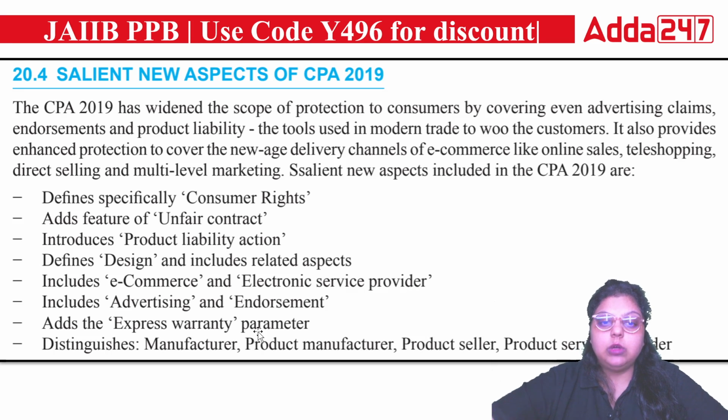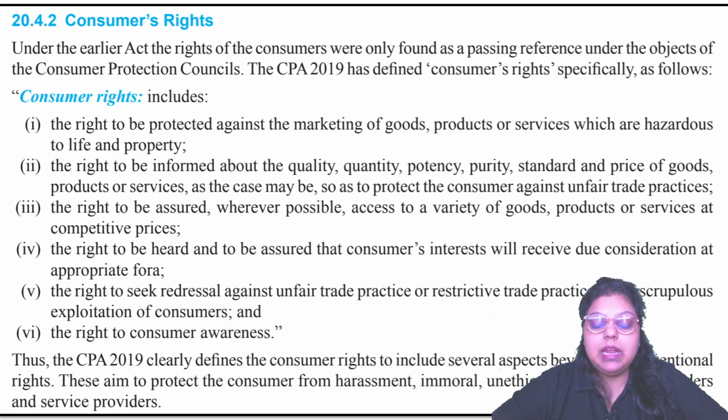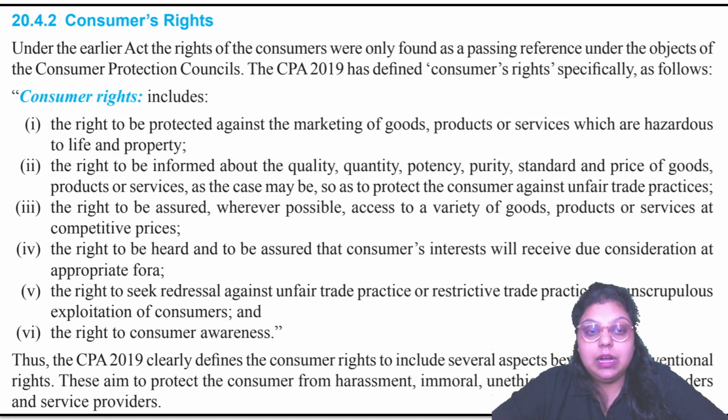Okay. Now the consumer rights are there, like the consumer has a right to be protected against any goods or service which is dangerous for life and property. The right to be informed about the quality, quantity, potency, purity, standard, price of the goods, product or services. This right has been given to the customer. And also we have to protect the consumer against unfair trade practices.